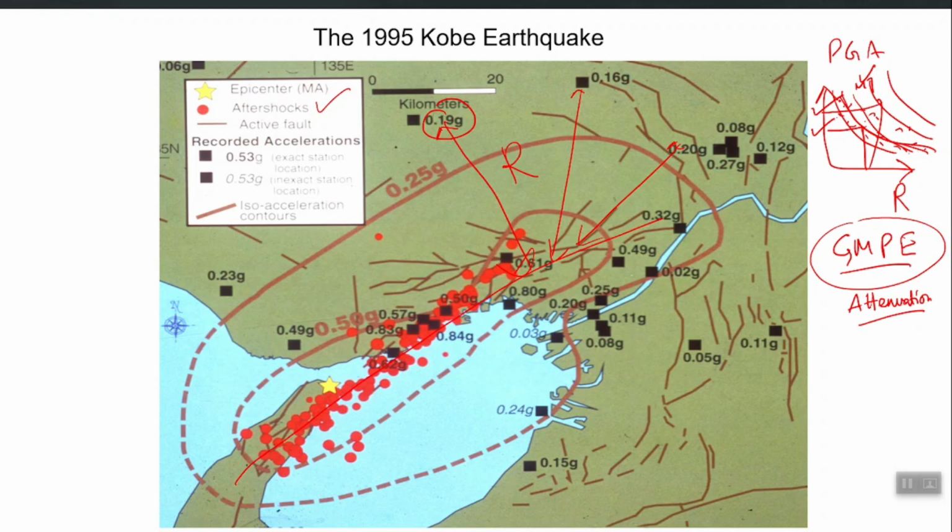So I can predict PGA using such a model if I am given the distance from my fault and the maximum possible magnitude which that fault can produce. That information will come from historical data, the past 100, 200, 500 years, where we see what maximum magnitude that fault has produced, right? This whole exercise is called DSHA, deterministic seismic hazard assessment, where you directly predict the hazard parameter, which is PGA in this case, at your site using a GMPE and the information about your fault and your distance.